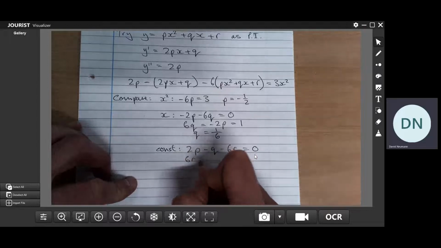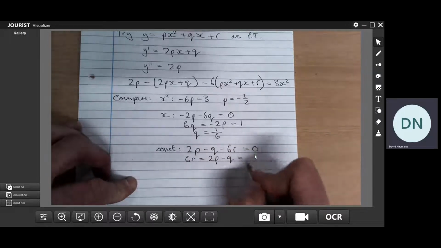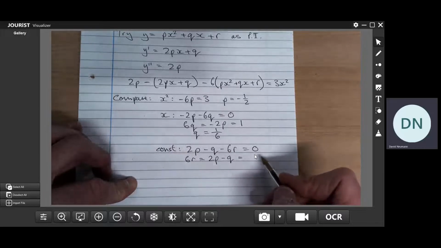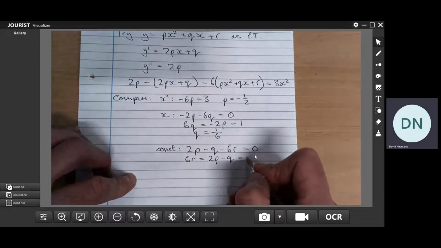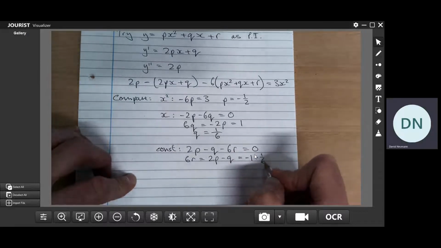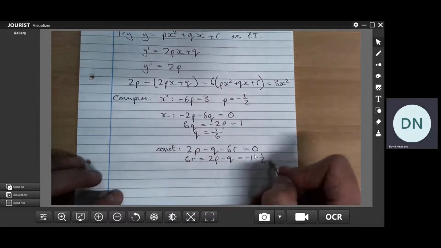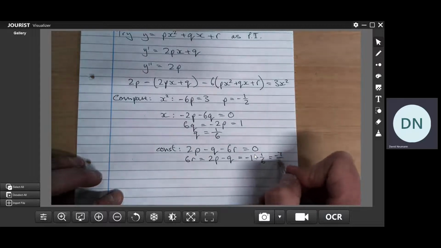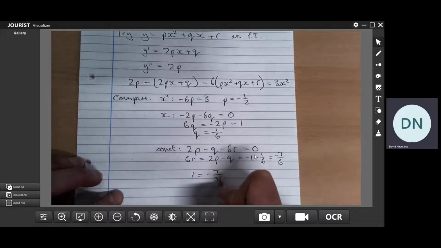So 6r is equal to 2p minus q, which is 2p, so it's minus 1, minus 1 over 6. So that's minus 7 over 6. So r is equal to minus 7 over 36.